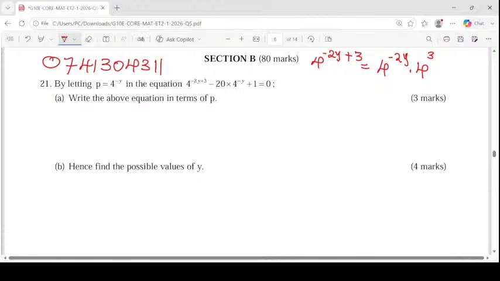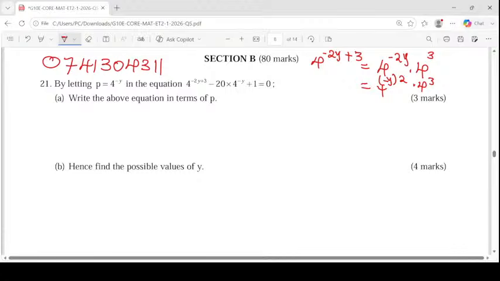When you have it like that, there is something you have to understand here. What do you need to know? This is like saying 4 power negative y, then you square it, times 4 power 3.